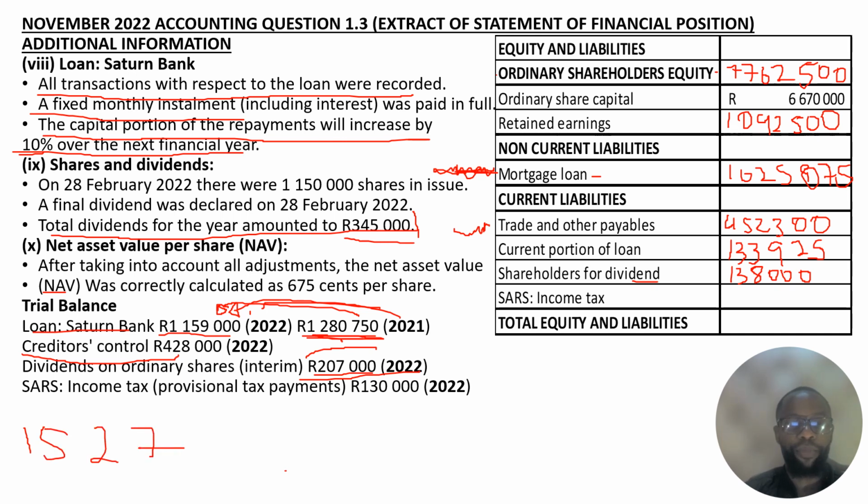We've calculated that our tax is 152,700. But when you go to trial balance, you have seen that we have made a provisional tax payment of 130. What is the provisional tax payment?